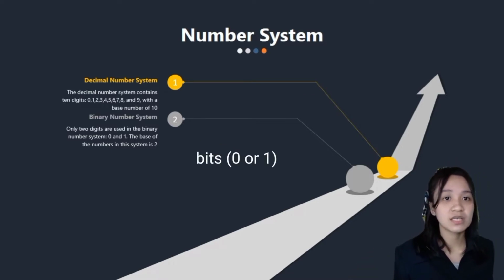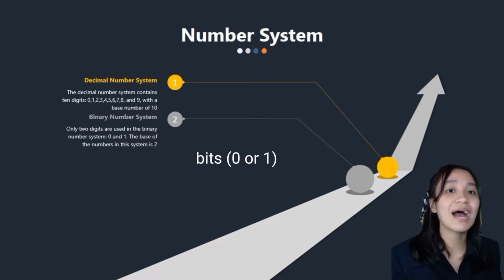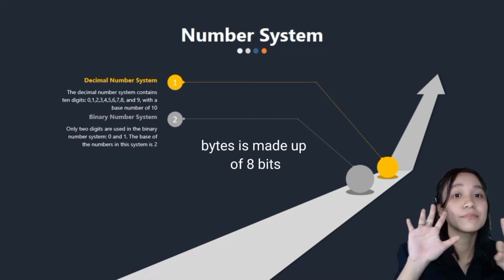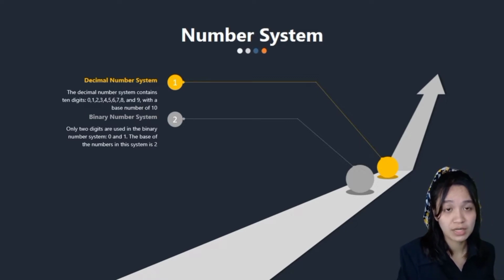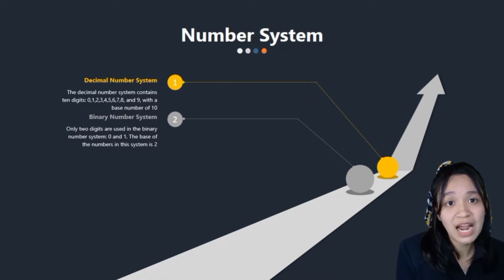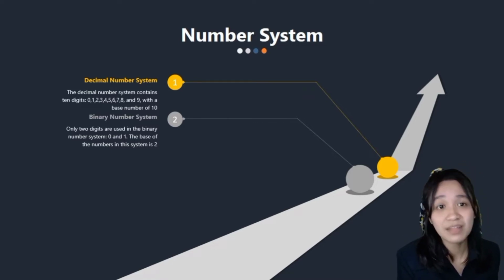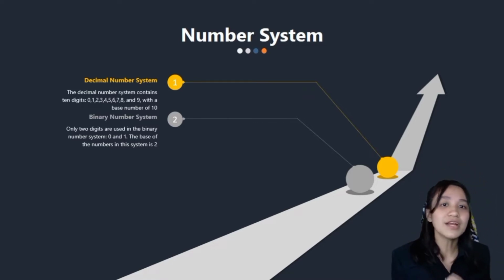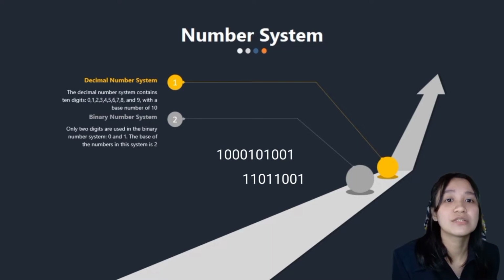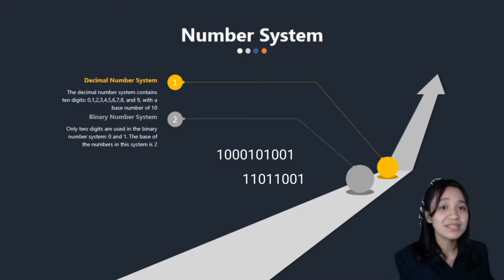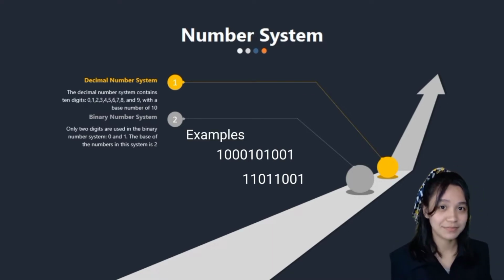Bits are the digits 0 and 1, and a byte is made up of 8 bits. Bits and bytes are used to store data in computers. Other numbers such as 2, 3, 4, 5, 6, and so on are disregarded by the binary number system. For example, 1000101001 and 11011001 are some examples of binary numbers.